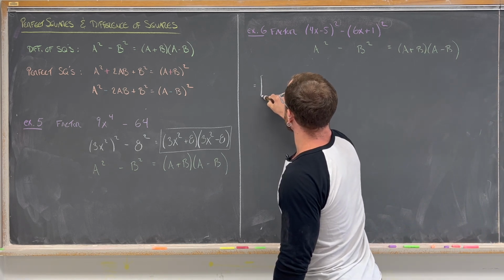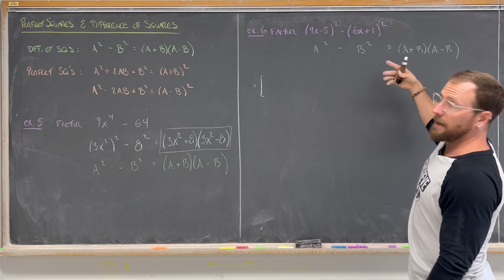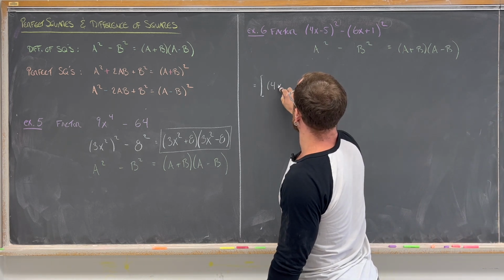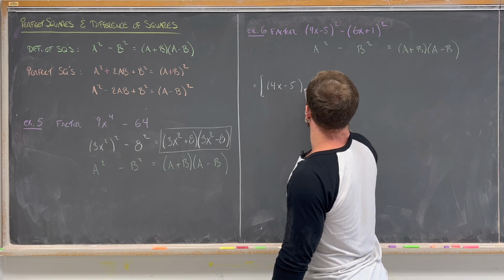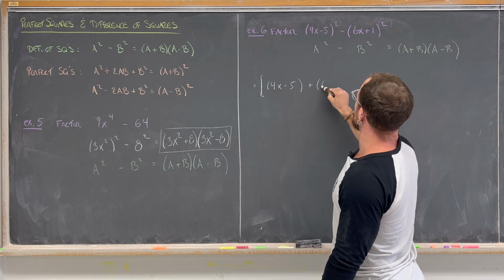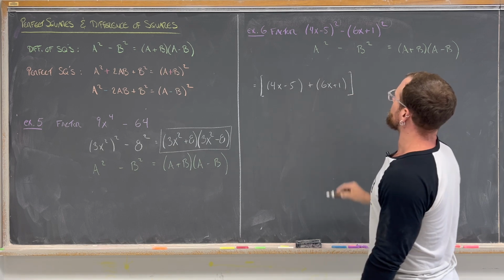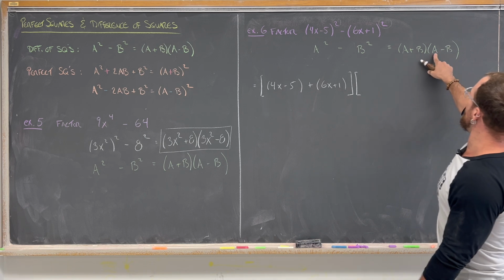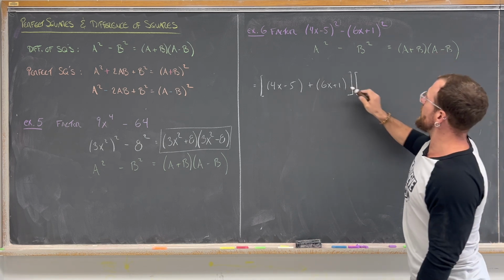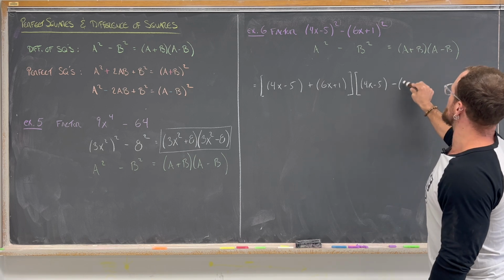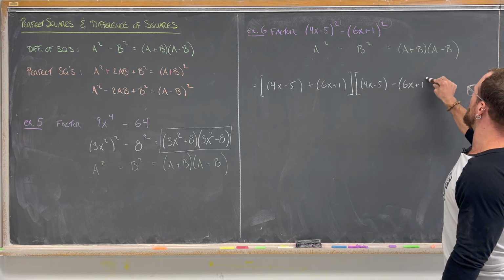Well, a plus b times a minus b. A is 4x minus 5, so we've got 4x minus 5, plus b, so plus 6x plus 1, times a minus b. A again is 4x minus 5, minus 6x plus 1.